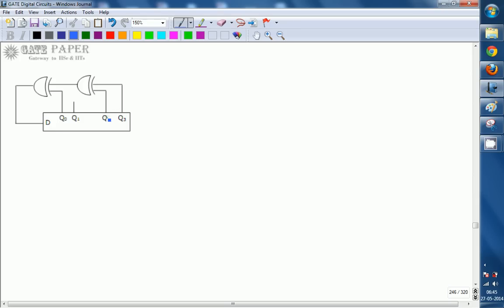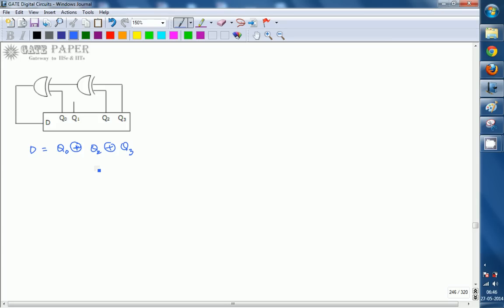And Q0 is going to be loaded with D. The D value can be written as D = Q0 XOR Q2 XOR Q3. That is nothing but a 3 input XOR gate, you can think. So D is going to be derived with the help of Q0, Q2, Q3 by using this equation, Q0 exclusive-OR Q2 exclusive-OR Q3.